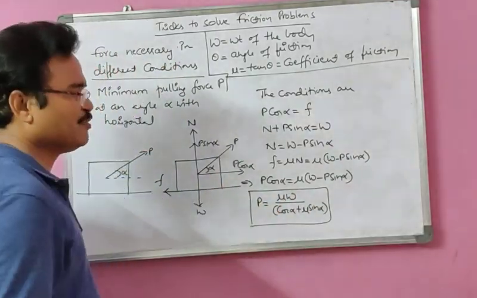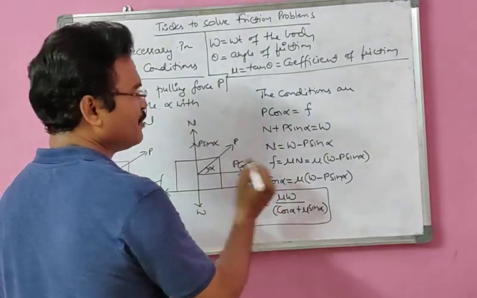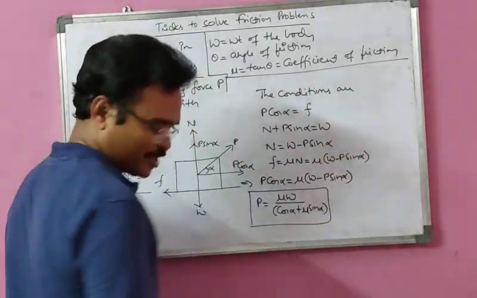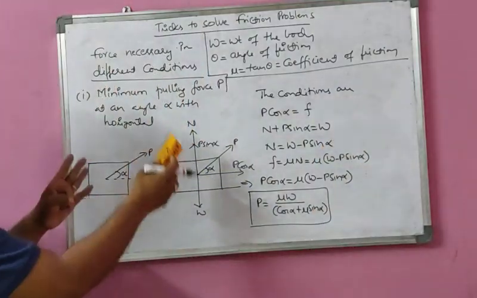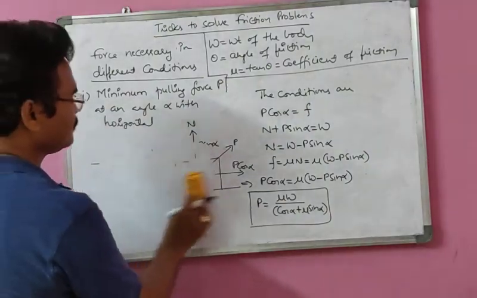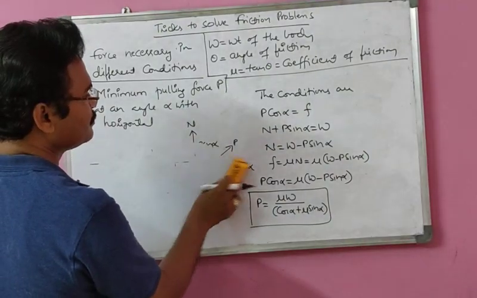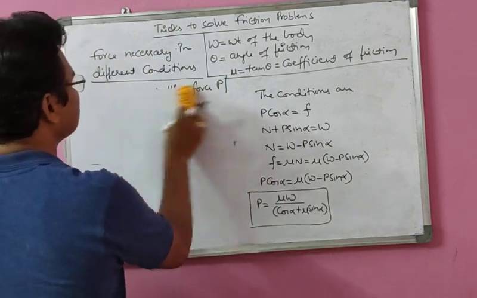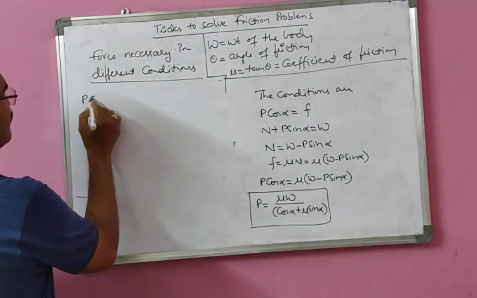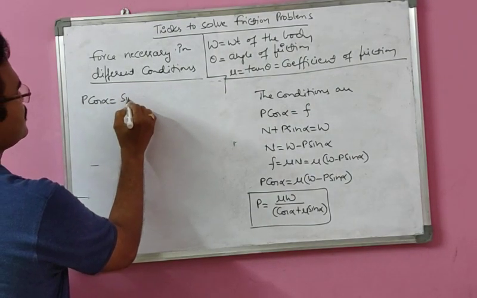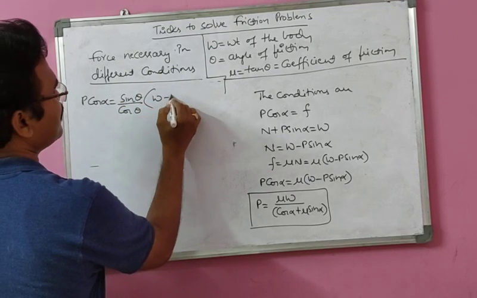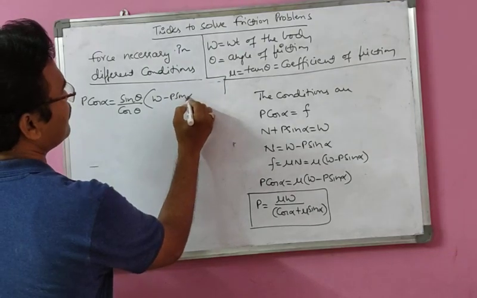The other equation also I will tell you, by substituting mu equal to tan theta, that is sin theta by cos theta. So P cos alpha equal to sin theta by cos theta times (W minus P sin alpha).